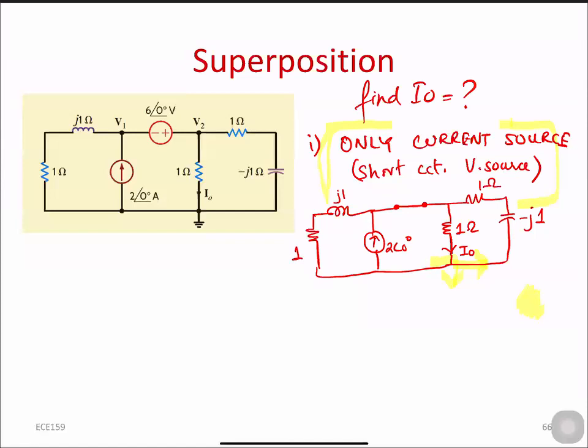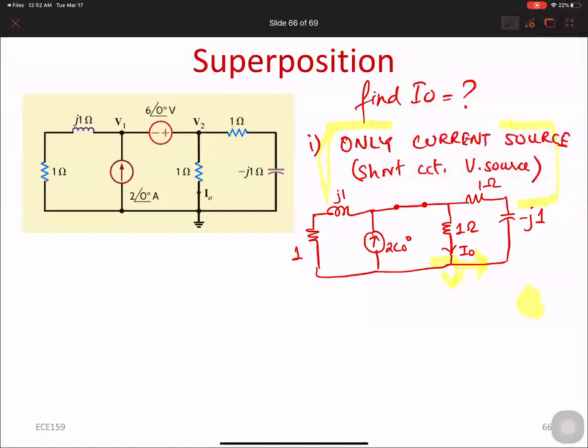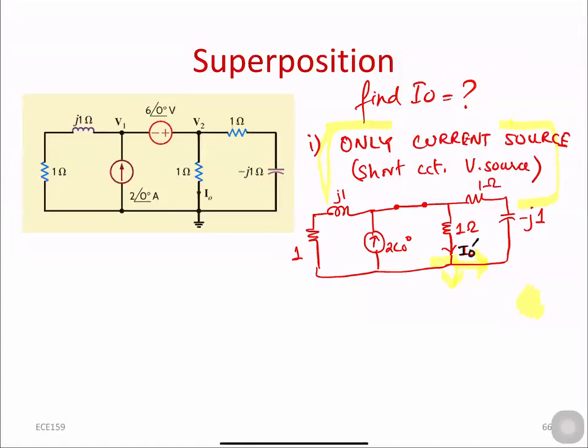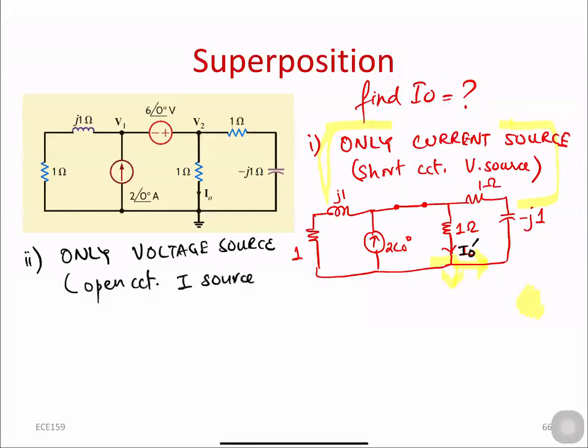However, now this I naught is not just I naught. I will represent this I naught as I naught prime. This is what superposition is. You first of all disconnect one source, keep the other source, or keep only one source in the circuit. And in the second case, keep only the voltage source and open circuit the current source for the second case.